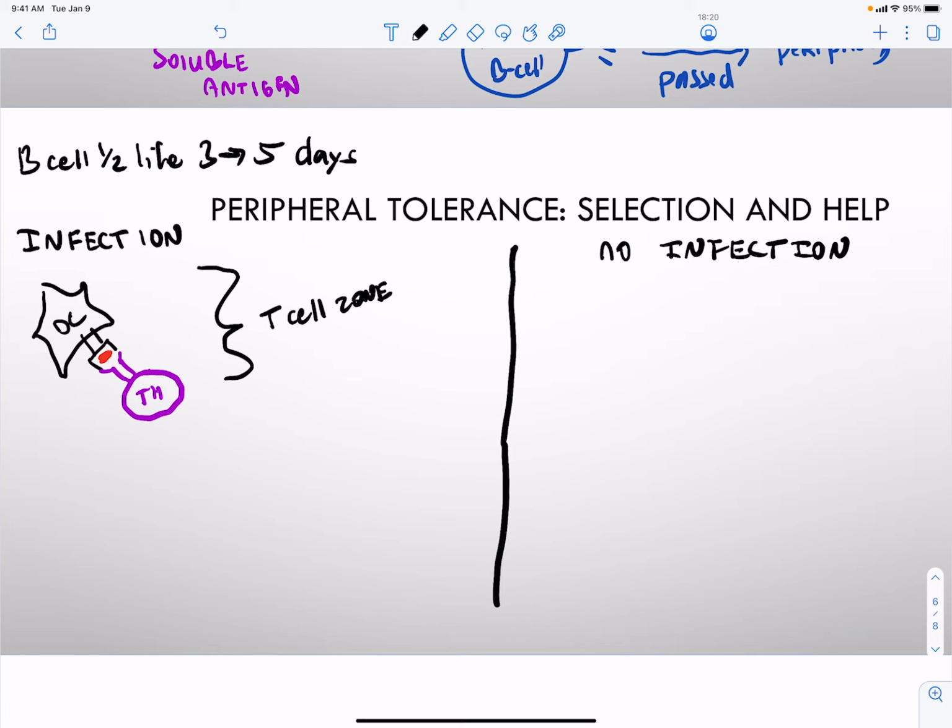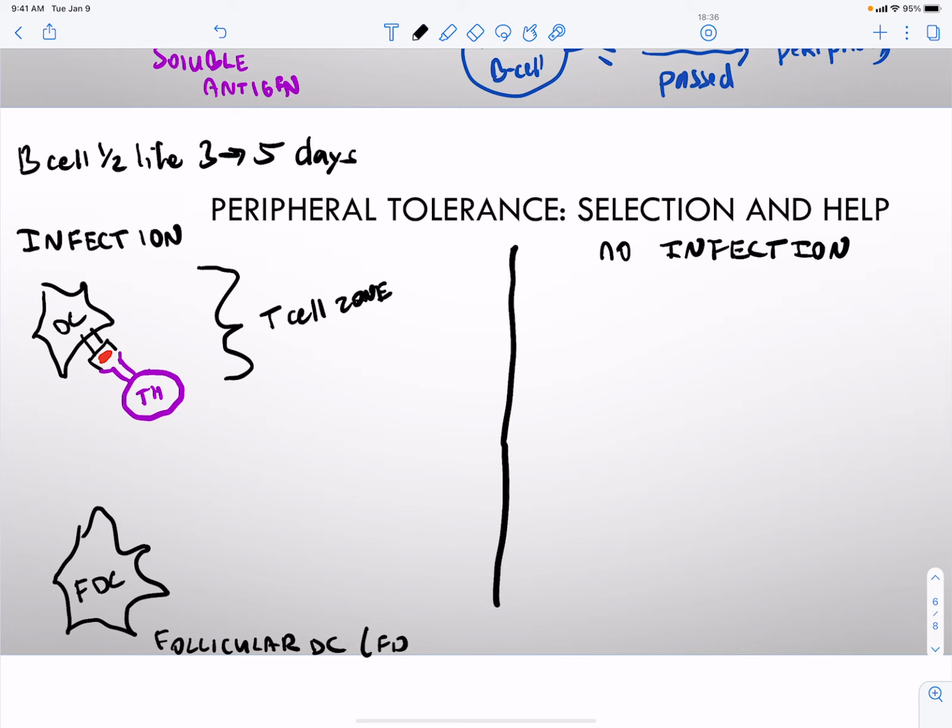And then in the B cell zone, you also have a particular subtype of dendritic cells, and this one's called a follicular dendritic cell. Now, this is an important note. An FDC is not an antigen-presenting cell.